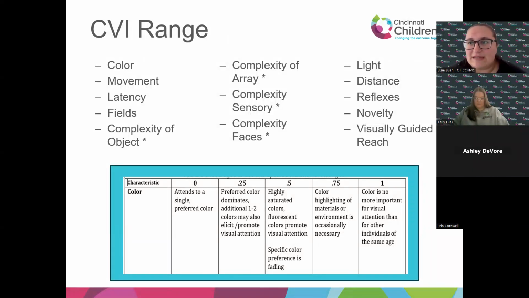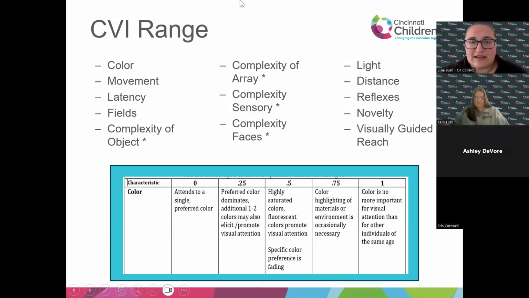Kids with more significant CVI won't perceive the hand approaching the face when it is moving fast or slowly towards their face potentially, because they just don't have that visual awareness. And then also visual novelty, which is if something's familiar versus new, do we have a different reaction? And then visually guided reach, which is using hands and eyes together.